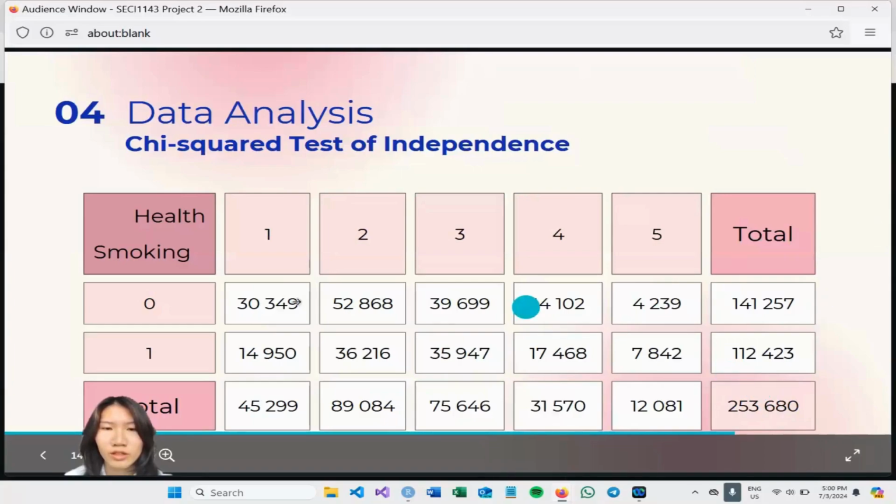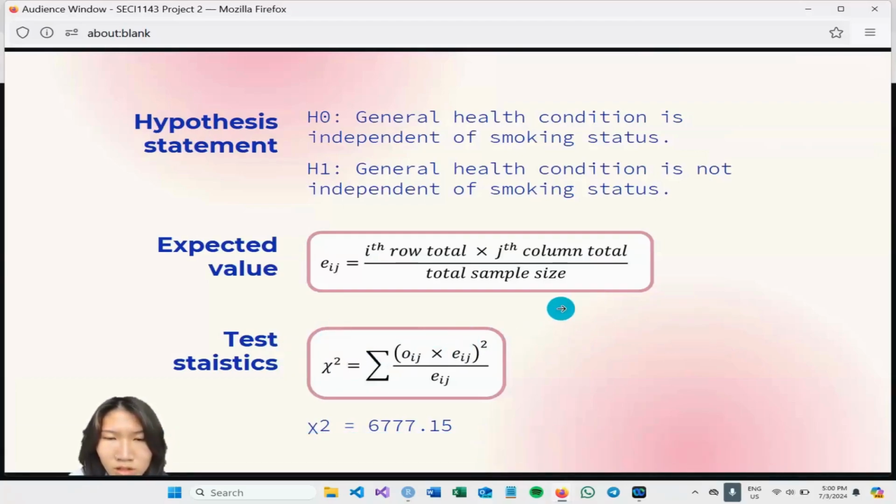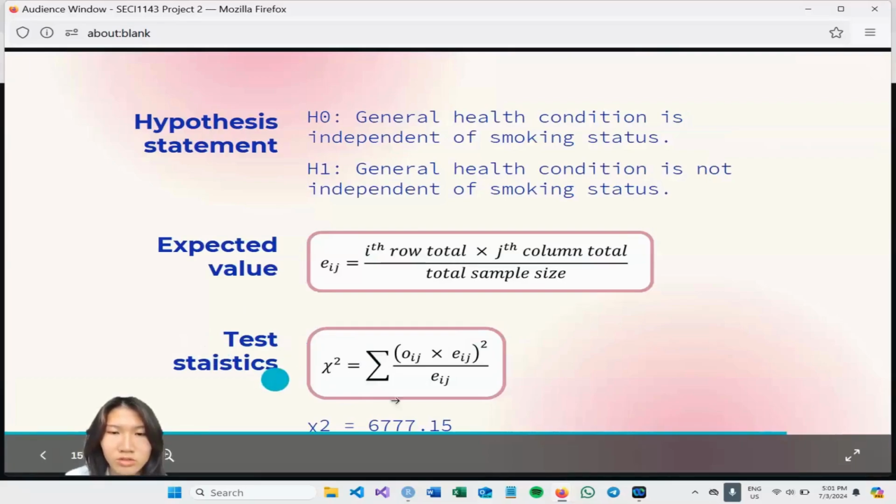And then we repeat this for every cell inside here. And when we have the observed and expected value, we can plug these values in and obtain the chi-square value of each of these cells. We sum it up, so we will get the test statistic, which is equal to 6,777.15.